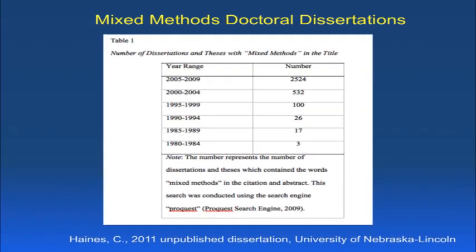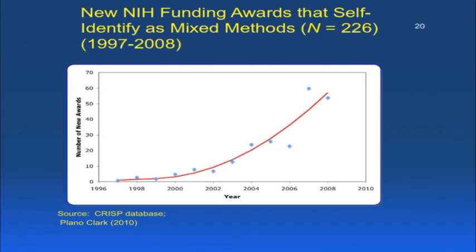So, for example, one of my students did a search of dissertations that had mixed methods in the title, 3 of them in 1984. Between this time period, 2,524. And my colleague, Plano Clark, says that number is over 6,000 right now in this last year. So, continues to go up. And NIH funding that have the words mixed methods in it.